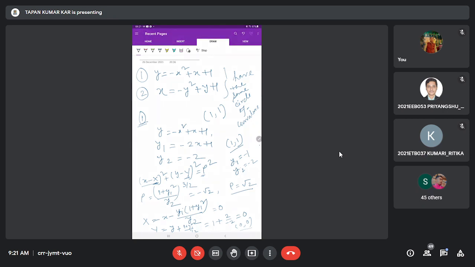So the circle of curvature is x square plus y square equal to 2. Similarly, you find the circle of curvature for the second curve, and you will find that it is also x square plus y square equal to 2. So you have to remember the formulas for the center of curvature, the radius of curvature, and the circle of curvature.